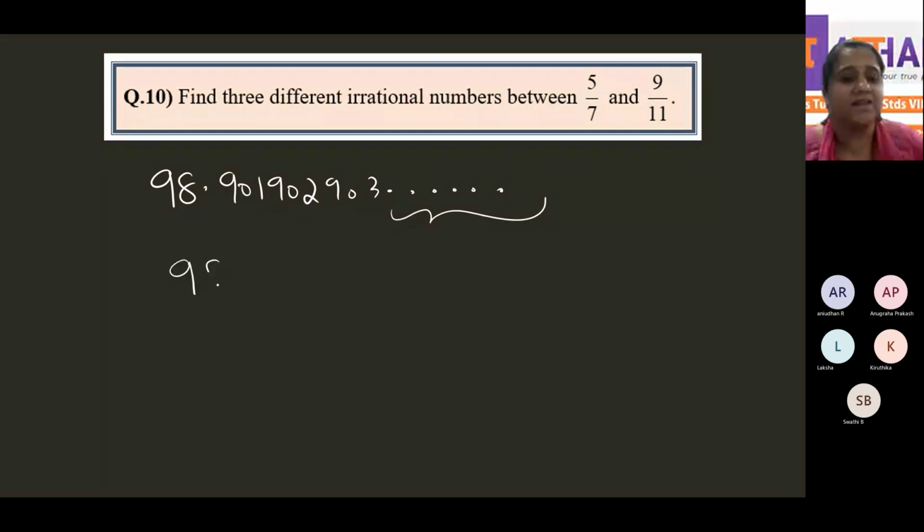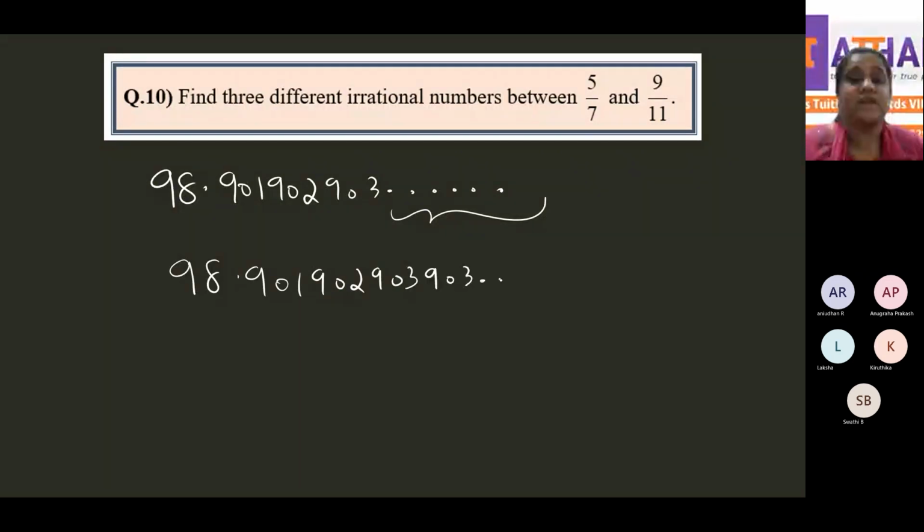But if I write 98.901, 902, 903, and once more 903, and then put a dot, that means I've given you the clue: 903 is going on forever. So this becomes a non-terminating repeating decimal.